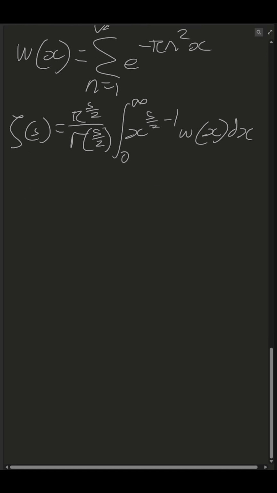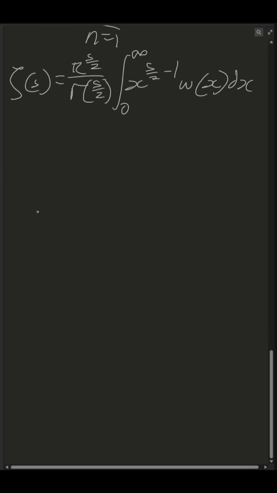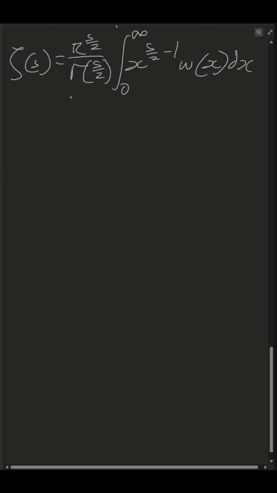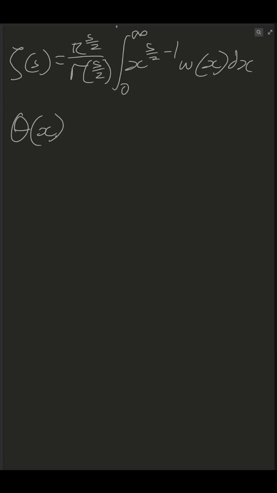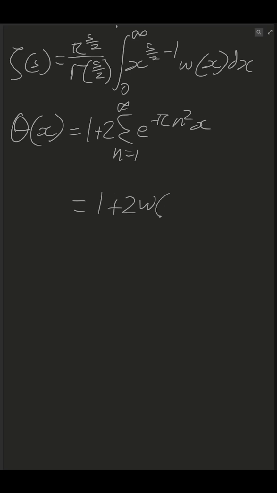So now we can bring into play this Jacobi theta identity, which is really useful here, and we can define theta of x as 1 plus 2 times the sum from n equals 1 to infinity of e to the minus pi n squared x, which of course is just 1 plus 2 w of x.